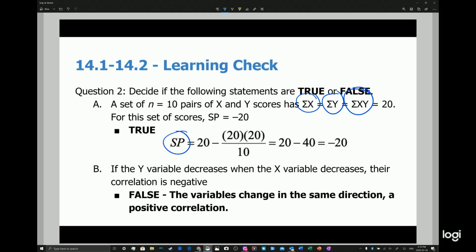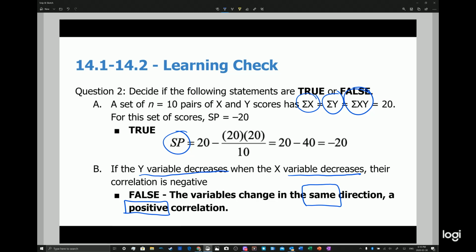And for B, yes, it's false. If you think false, you're right, because if both variables decrease, even though they're both going down, the direction matches. So when both variables change in the same direction, it's a positive correlation. Okay, just think uphill, downhill for a second.